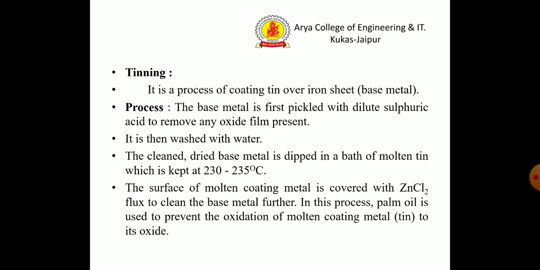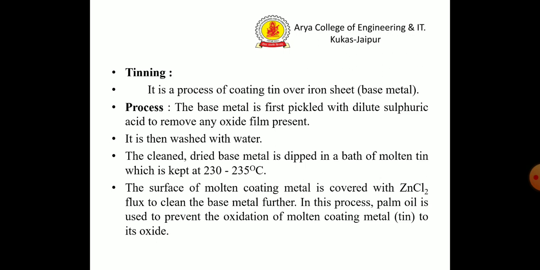And the next hot dipping method is the tinning process. It is the process of coating tin over iron sheet. In this process, the base metal is first pre-treated with dilute H2SO4 to remove the oxide film present on the metal surface.